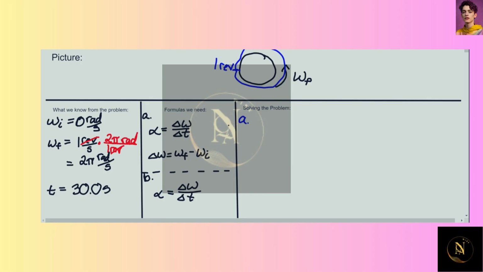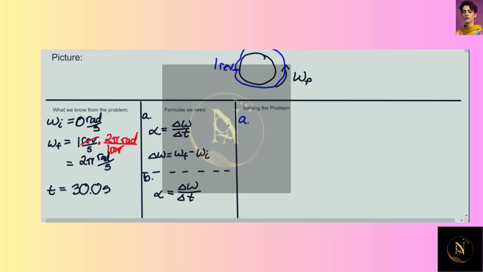If you translate this into radians, 1 trip around the circle is always going to be 2 pi radians. So I multiplied by 2 pi to get my given number in radians per second instead of revolutions per second.